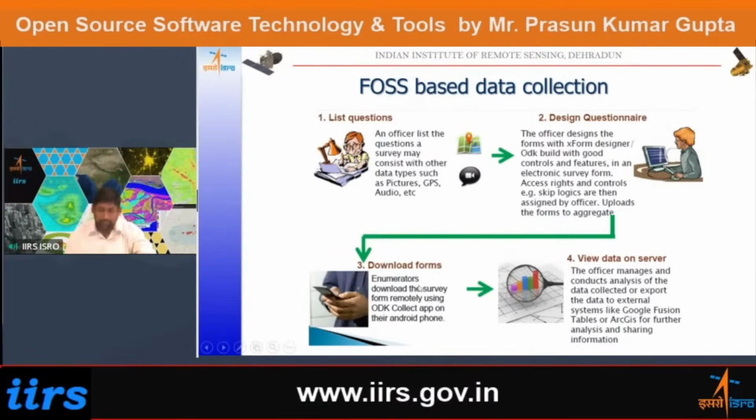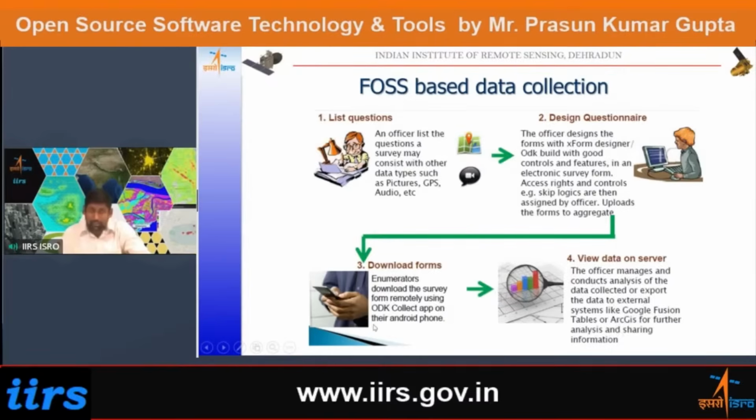Then the surveyor who is in the field will install ODK Collect and download that form from Aggregate, and then collect the data in the field. And in real time, the data gets uploaded to the server, where the officer who has proper authentication can view the data, visualize it, export it, and create spatial data out of it.